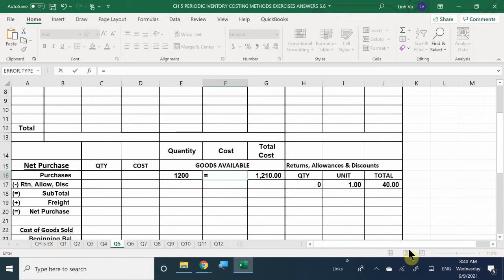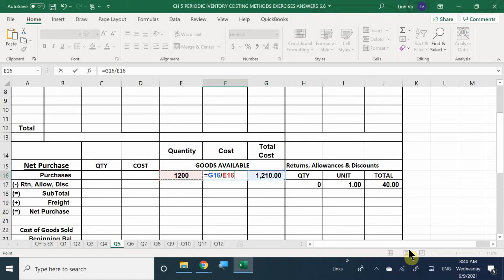But 200 of those units are not costing $1. So how do we determine what my cost per item is going to be for this one? You divide 1,210 by 1,200.